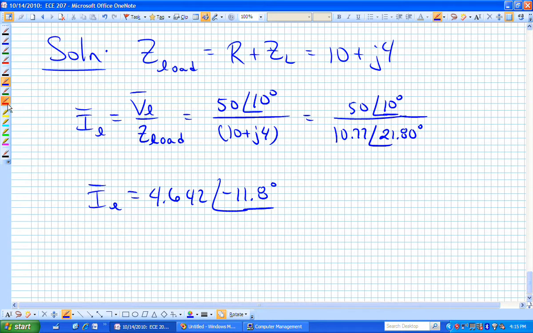What's our complex power? If I now have the voltage of the load and the current for the load, I've got everything that I need to find all the answers. My complex power, how did we define that?